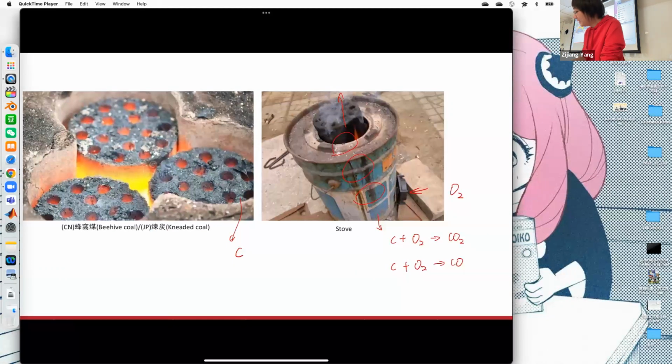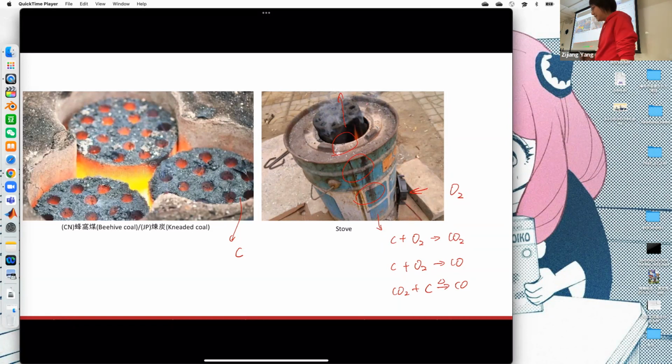On the other hand, at very high temperature, the carbon dioxide may react with the carbon itself to form carbon monoxide. So we may have some carbon monoxide from this stove if we do not have good ventilation or the oxygen is relatively limited.